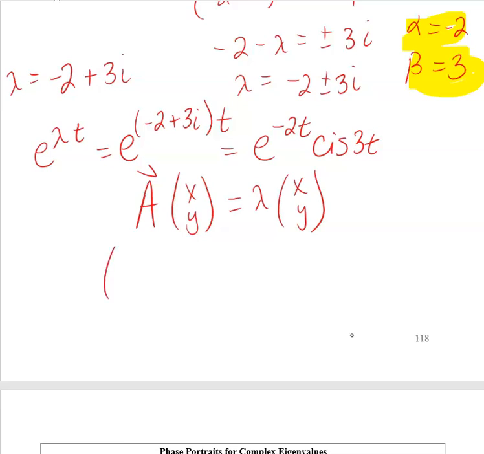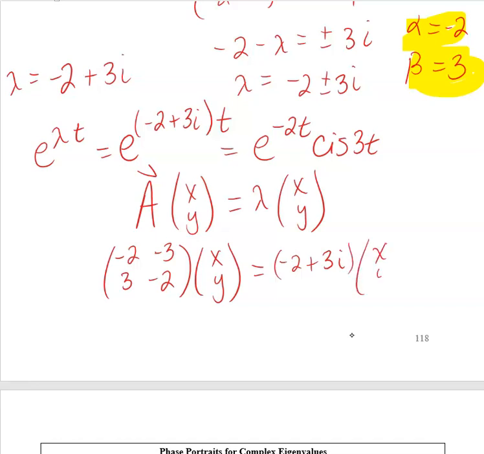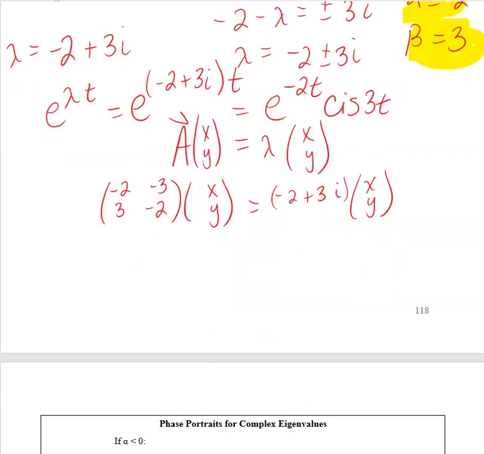So in this case, that's going to be the matrix [-2, -3; 3, -2] times x and y, and then my lambda was -2 plus 3i times x, y. So let's go ahead and expand this and see what that gives us.